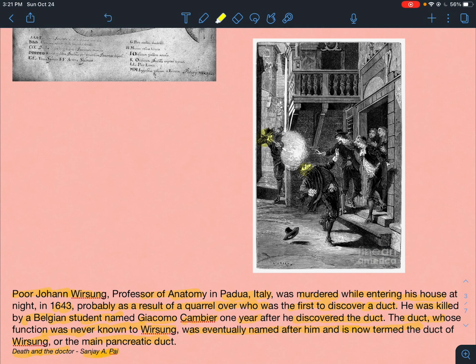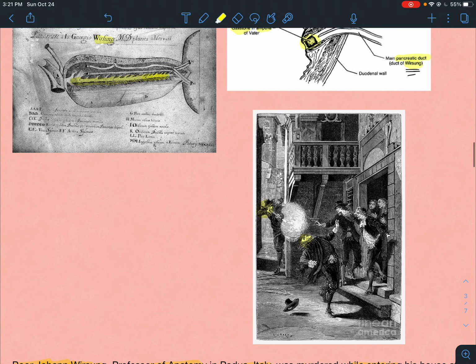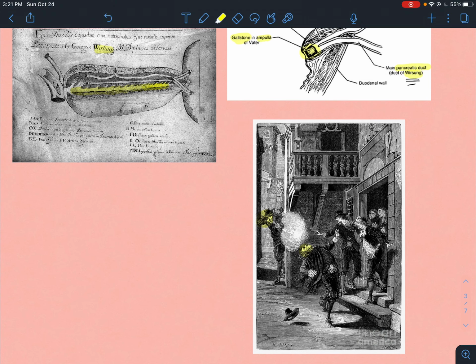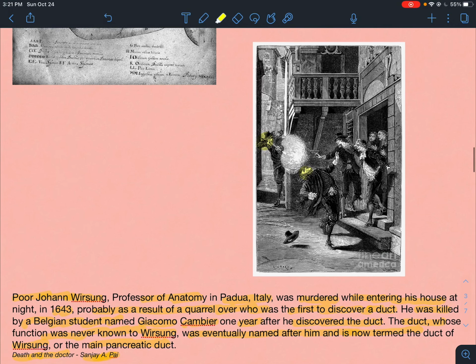Now, it is interesting to note this, not only because we see that his name is attached to this duct, but also because we see how anatomy, the way we study it today, has a history behind it of discovery and sometimes humans fighting each other over whose name gets to go inside textbooks.